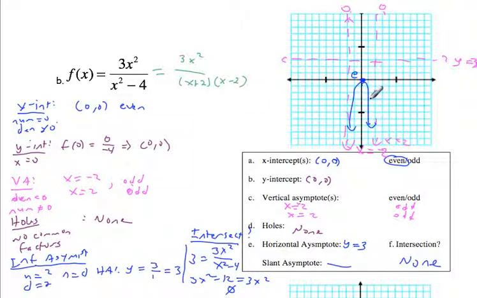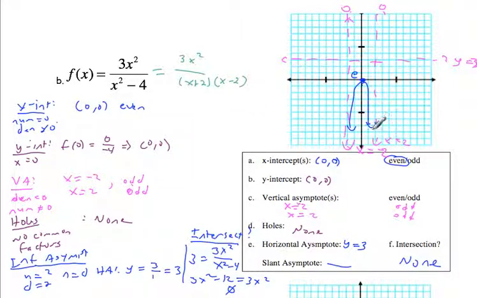Next, let's think about what happens when we move to the right and cross the vertical asymptote at x equals 2. This is a vertical asymptote with odd multiplicity. That means when we cross over this vertical asymptote, the ends of our graph are going to shoot in opposite directions.